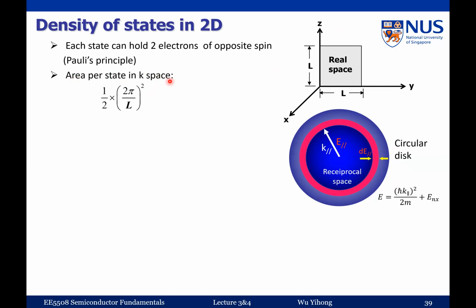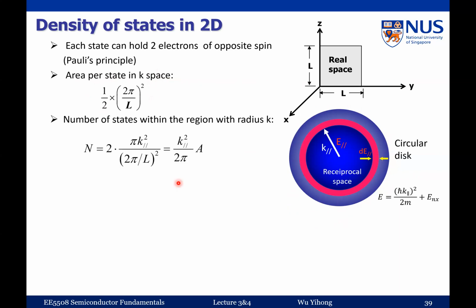One electron in k space will occupy this area. Since the Fermi surface here is a Fermi disk, the total area of the Fermi disk is given by π k parallel squared.